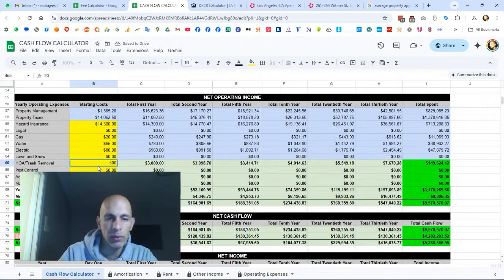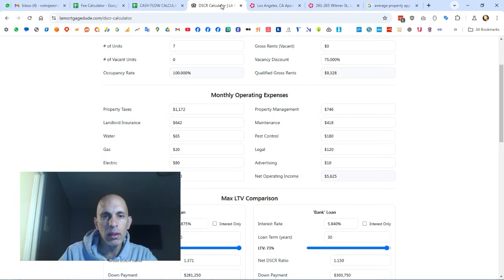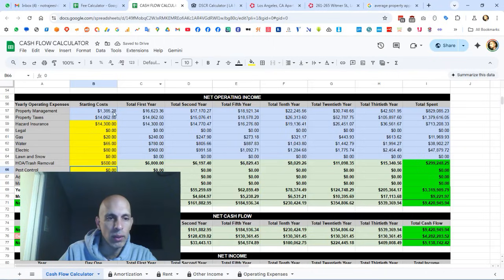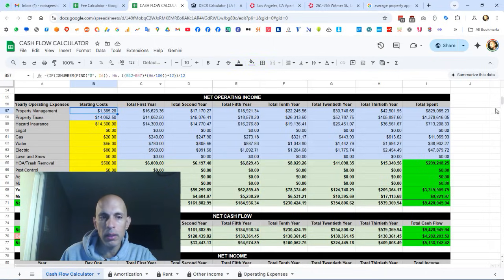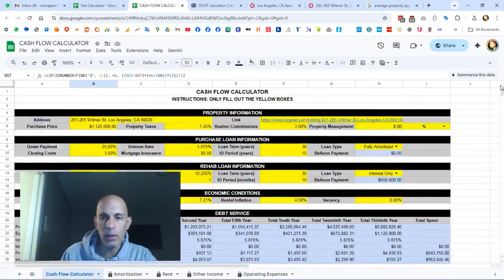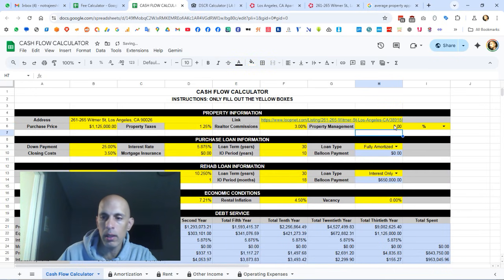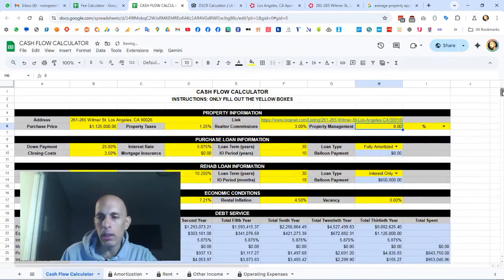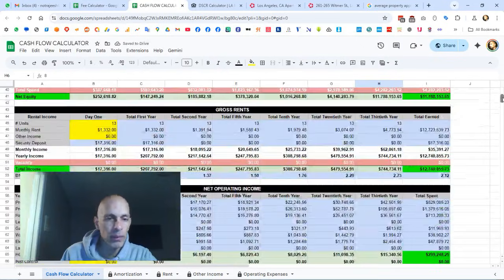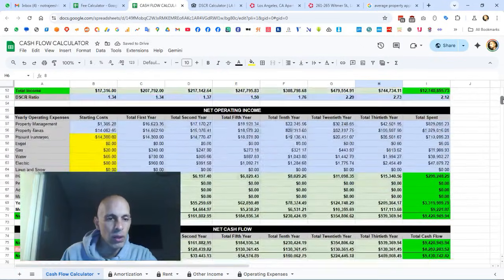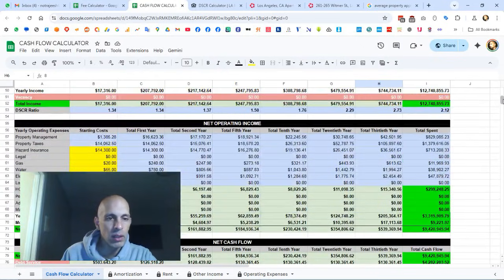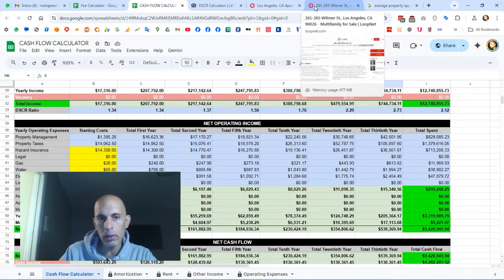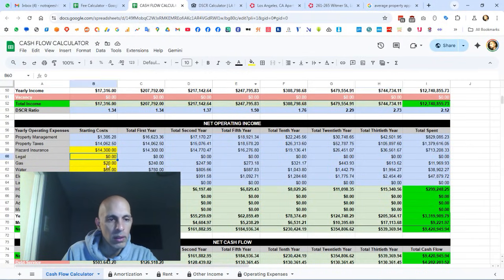Let's say it goes up to $500, it doubles. Property management is $746. So this might be a little bit high over there. So let's see here, let's say 4%. Well, no, that would be double over there because you are having twice the units now, twice the rents.